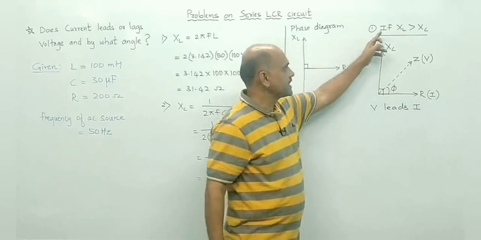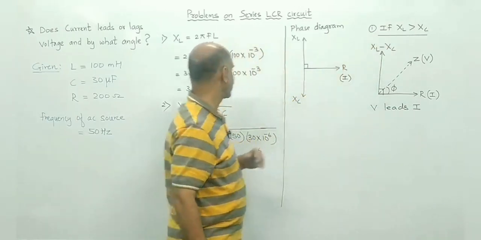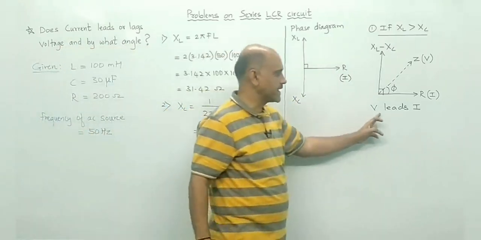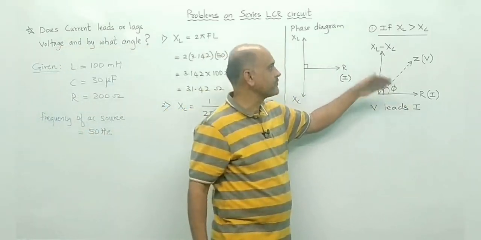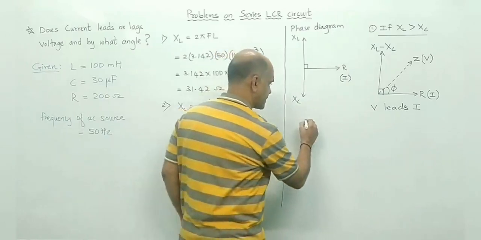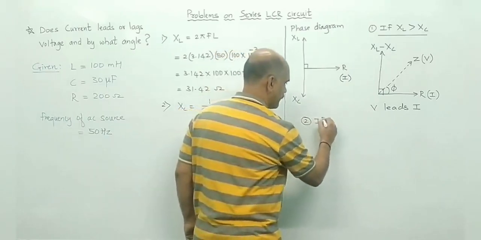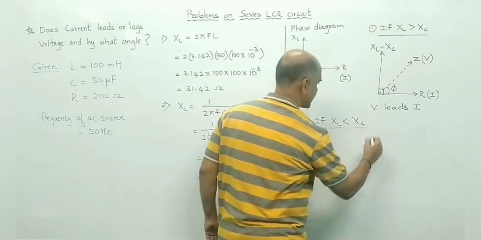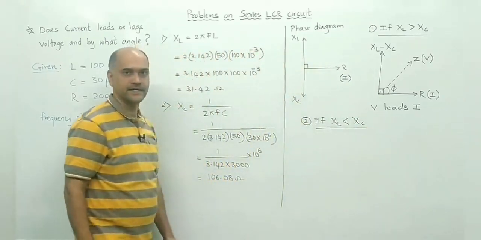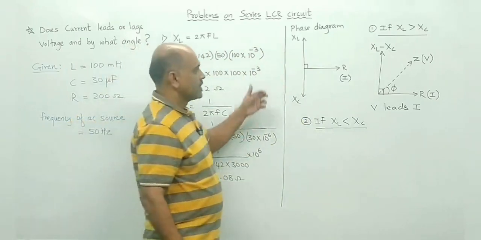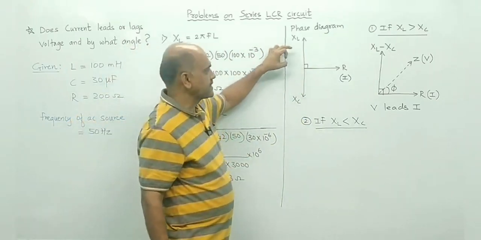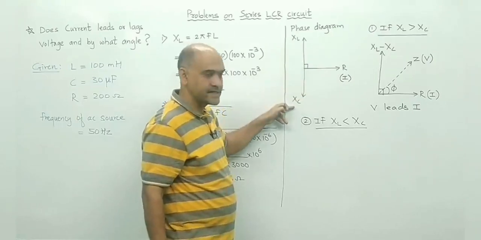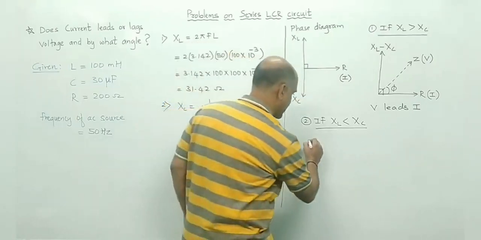So students, if XL is greater than XC, then voltage leads current. If I take the second case, if XL is less than XC, or you can say XC is greater than XL, then XL minus XC will be negative, and you will have the diagram in this form.